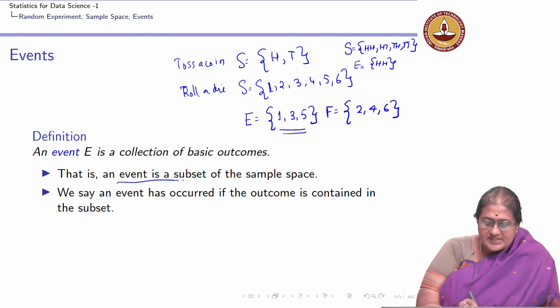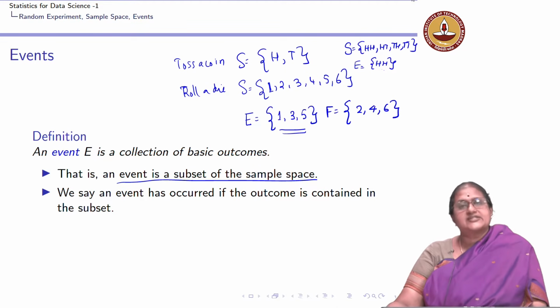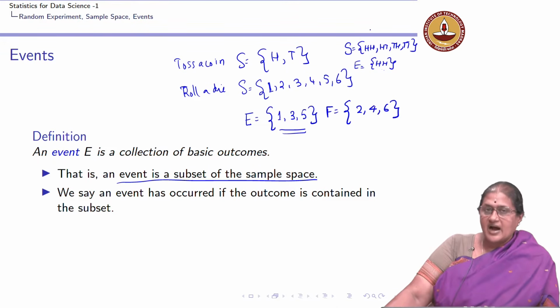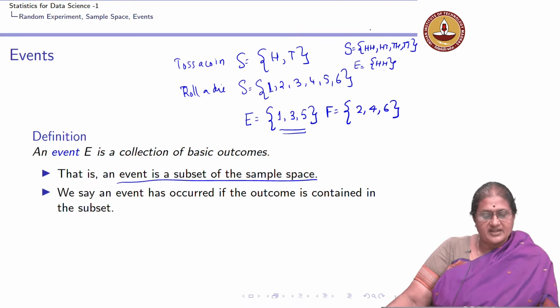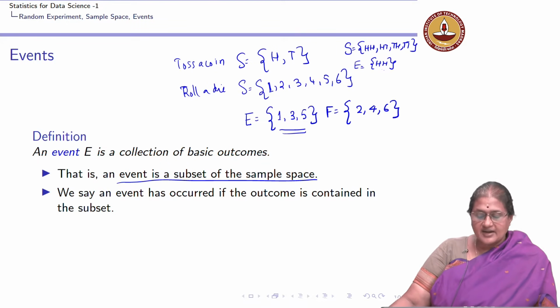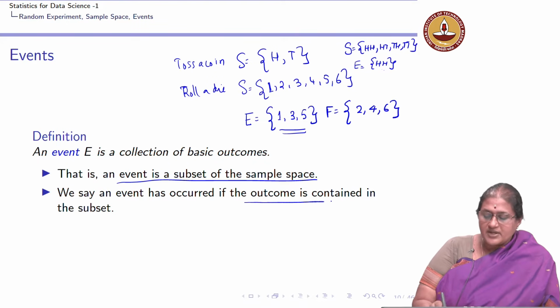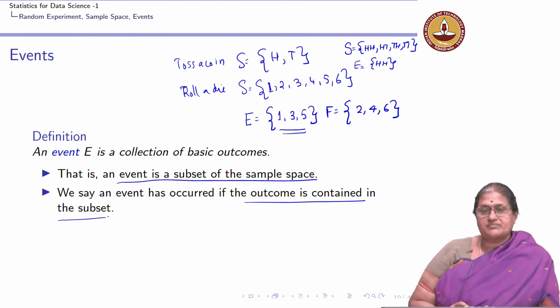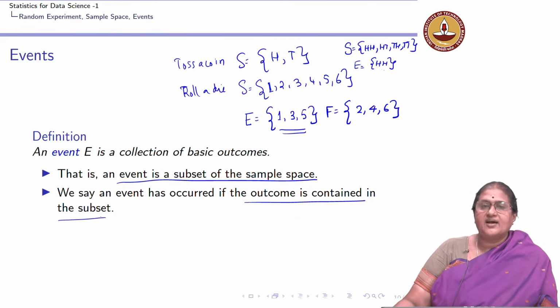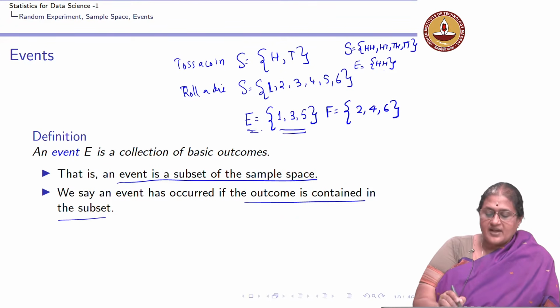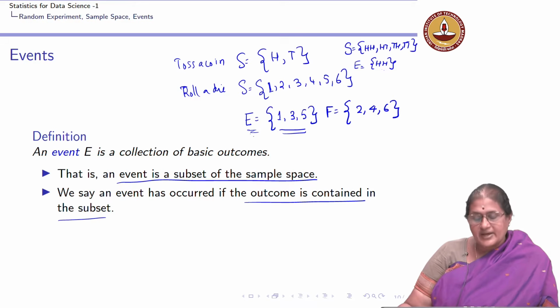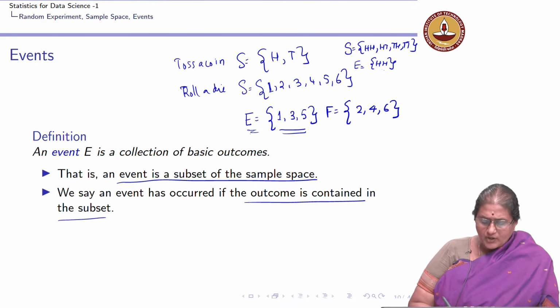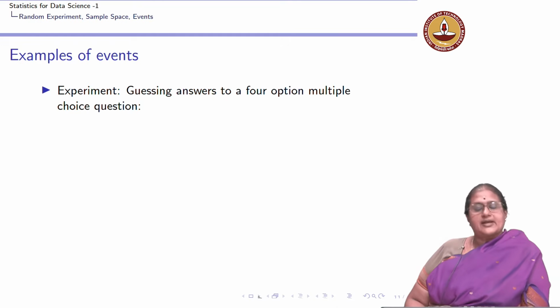An event is a subset of the sample space, and we say that an event has occurred if the outcome is contained in the subset. So, I will say that the event of an odd number has occurred if the outcome, 1, is contained in my subset. Now, let us go back to our examples.